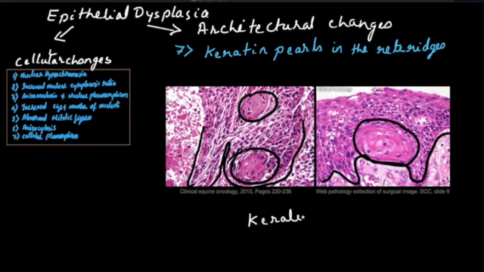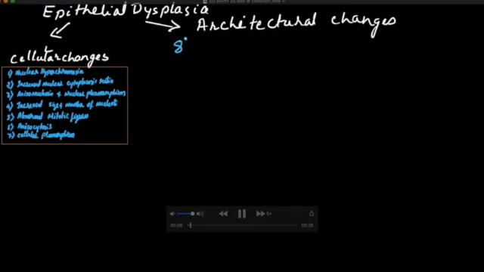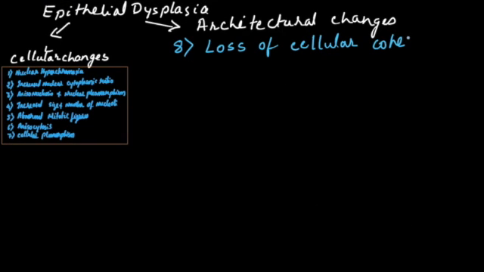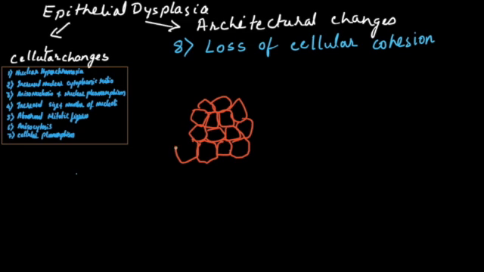You can see it very clearly that these keratin pearls are in the retroridges. Eighth architectural change is loss of cellular cohesion. The cells of the epithelium are held together by desmosomal junctions, and the polarity of the cells is maintained by certain protein domains.